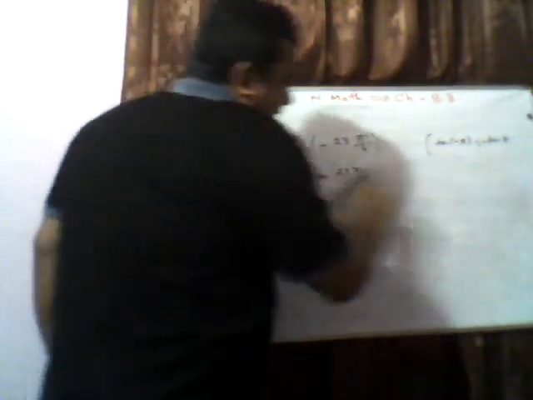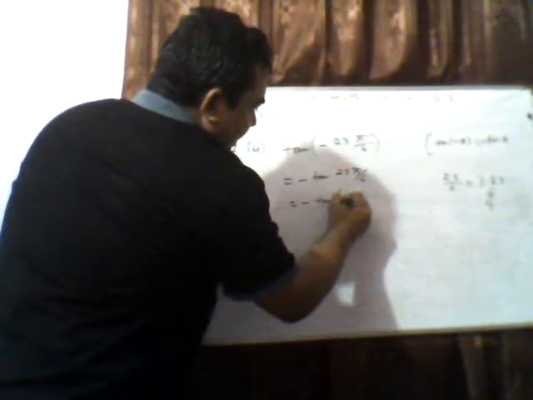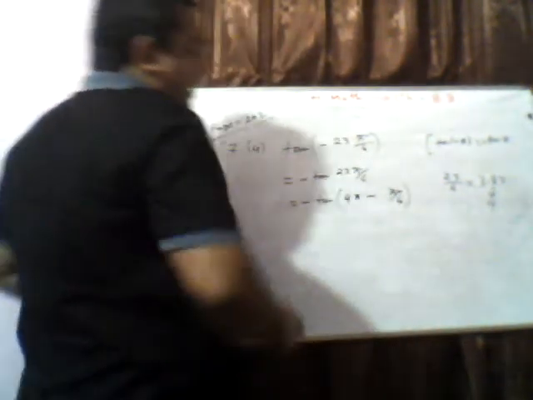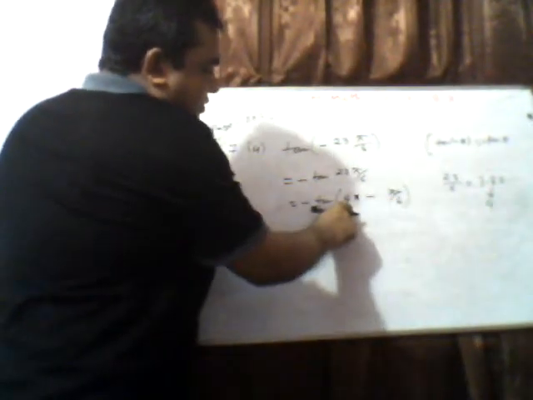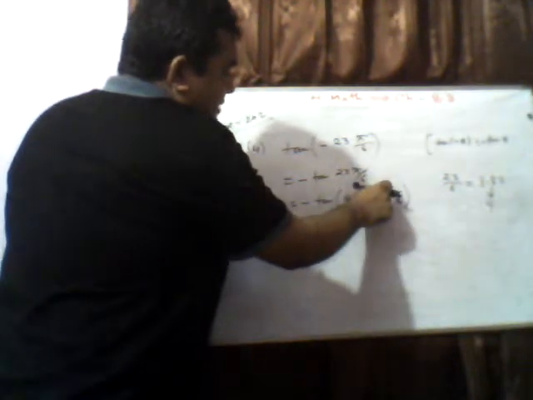Here, 23 divided by 6 is 3.83 something, so approximately we can write 4. So 4π/6. There is an LCM: 4 into 6 is 24, minus π.